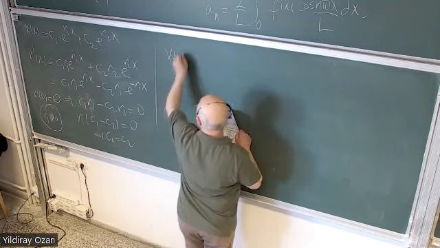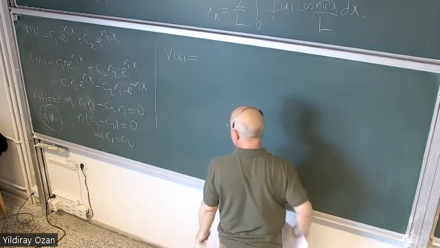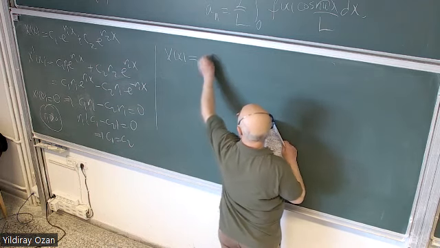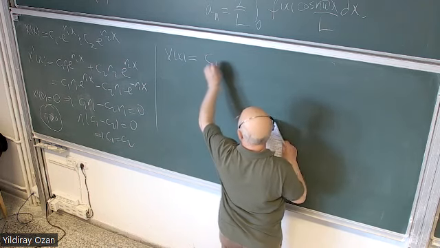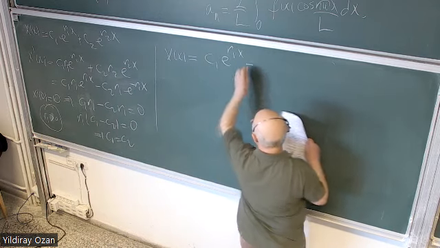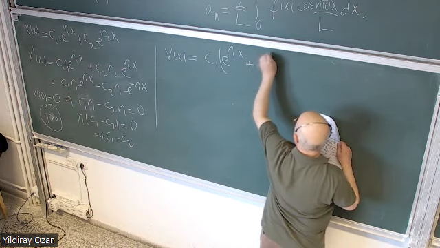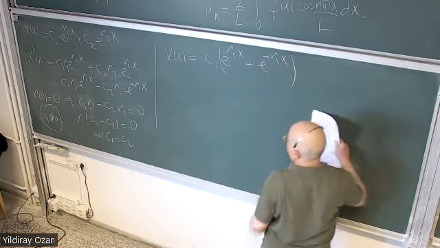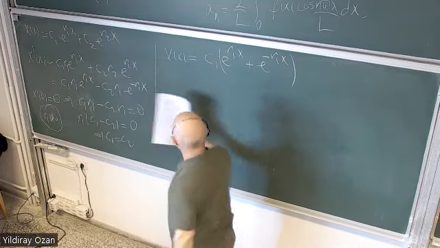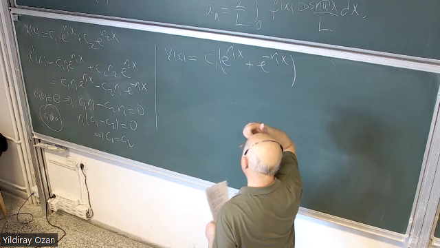So X of x is like this: c1 times e to the power r1x plus e to the power minus r1x. So we have this, okay?